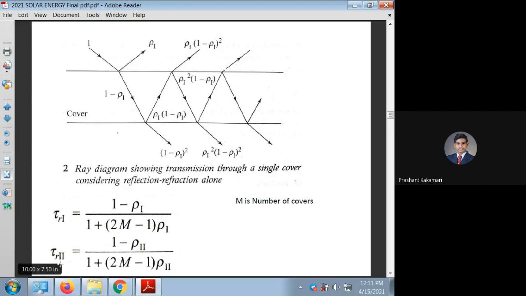Similarly, tau R2 for the second medium, if it is the absorber plate or a second glass cover, then with one glass cover we can write 1 minus rho 2 divided by 1 plus rho 2.